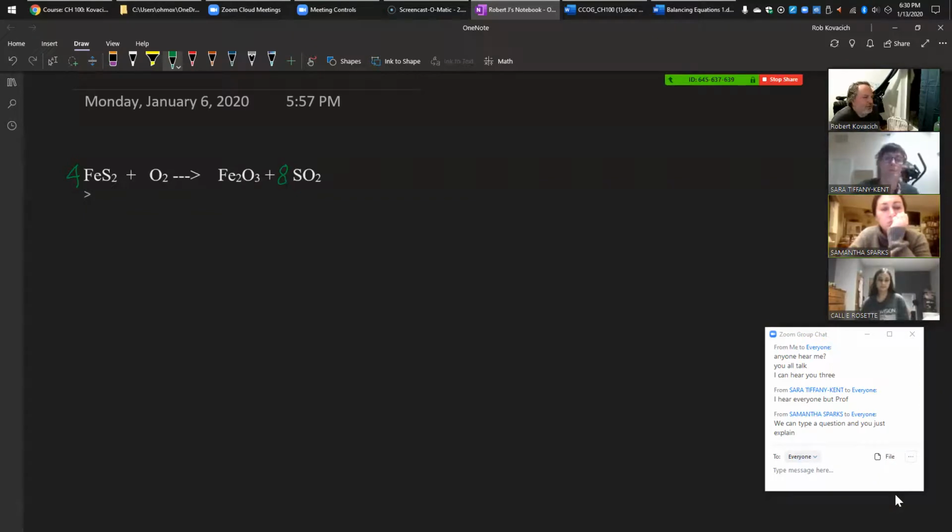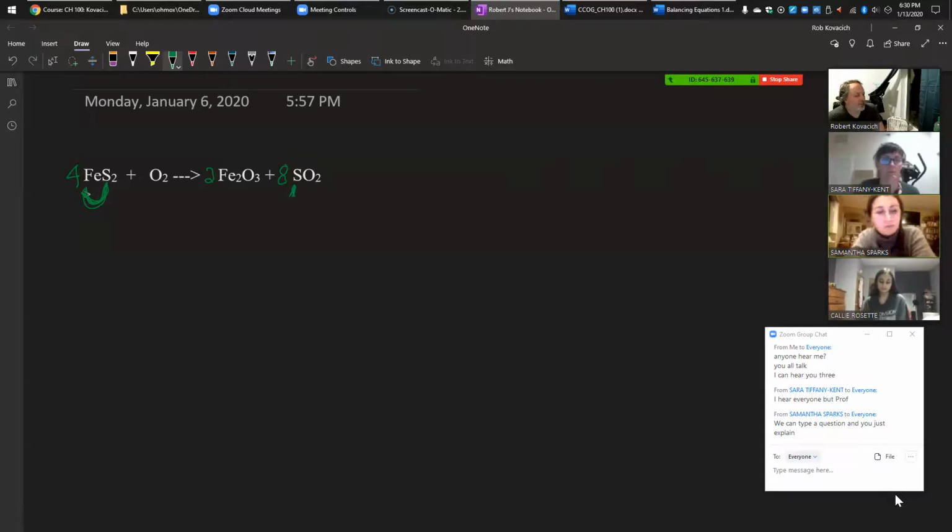How many irons do I have on the left-hand side? 4. On the right-hand side, if I put a 2 here, now I have 4 here. This is 8 sulfurs, this is 8 sulfurs, and this is 8 sulfurs. So I'm still balanced out.